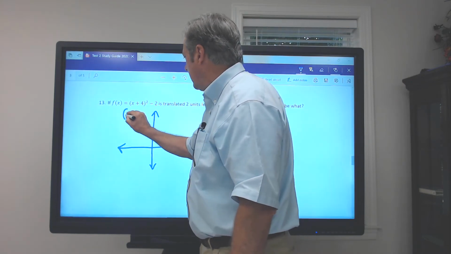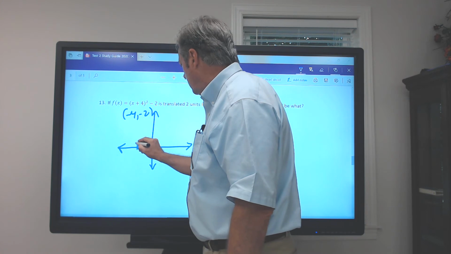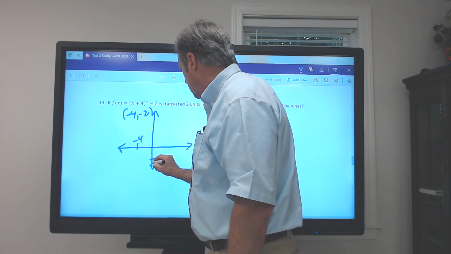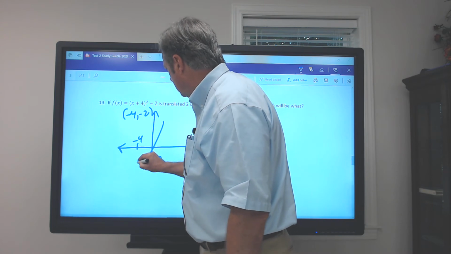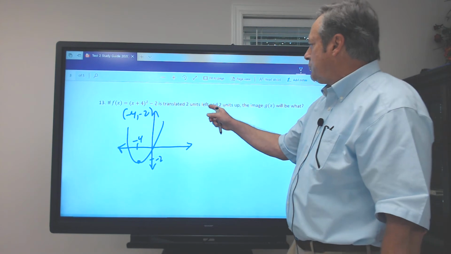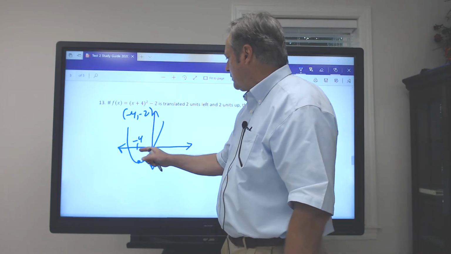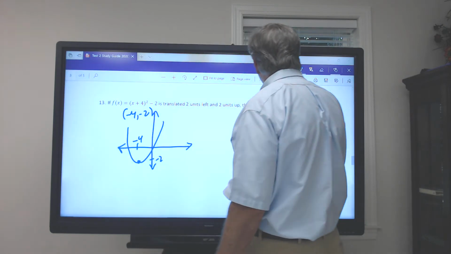Well, it's negative 4, negative 2. So, negative 4, negative 2, it's right here. And it's going up somewhere because it's a positive. Now, if we shift this thing left 2 and up 2, where will it be then?